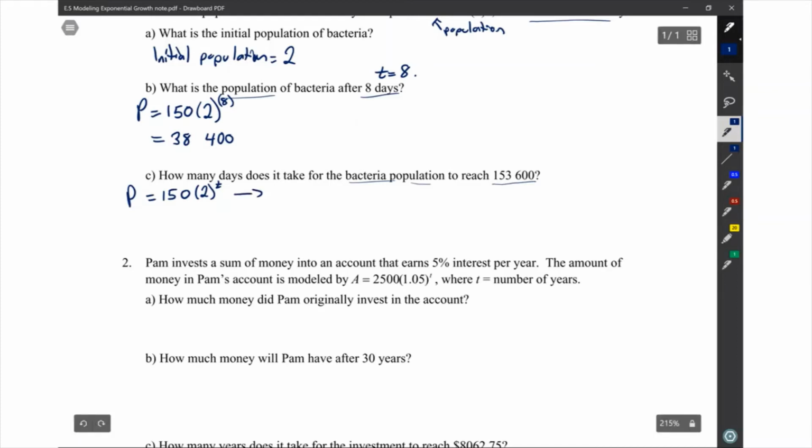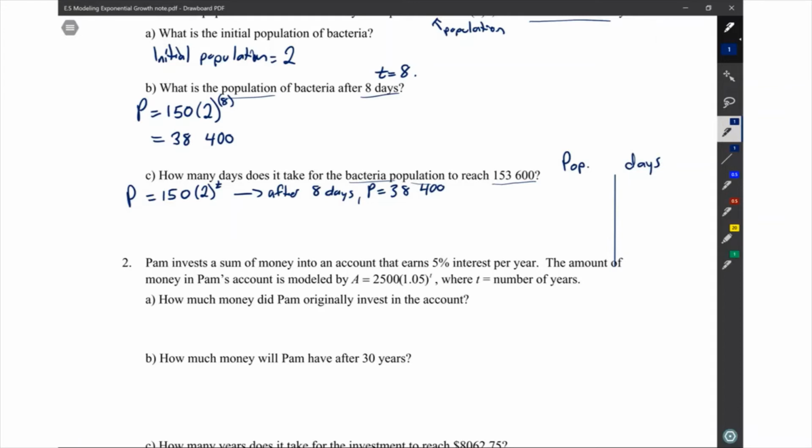We know after 8 days, P equals 38,400. So I can make a bit of a chart here, my population after a certain number of days. So my population is 38,400 after 8 days.